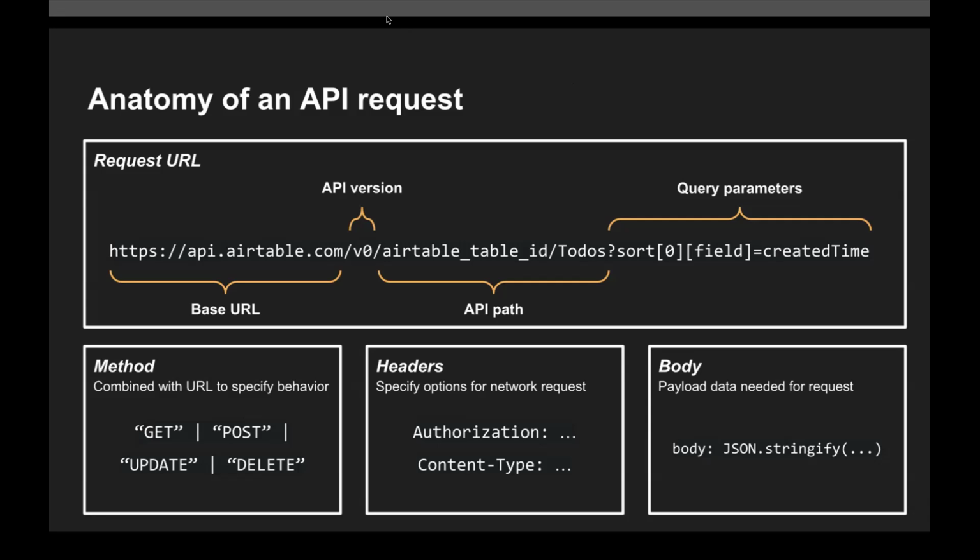What is a payload? Yeah, that's a good question. In general, the payload is anything that you're attaching to the request object. So additional information. You can consider the bottom three boxes here, method, headers, and body, as all part of the request payload.